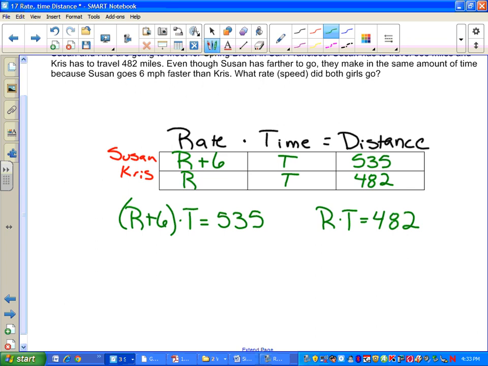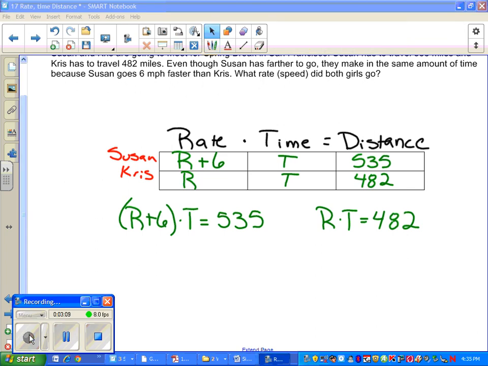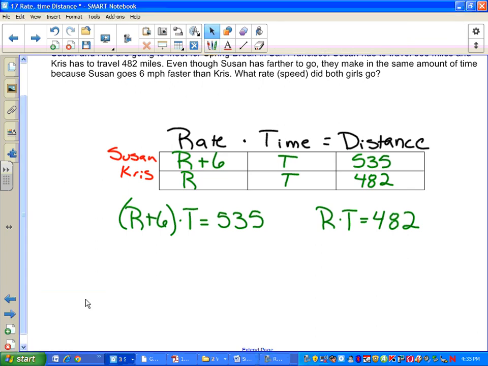Now, there's several ways to do this. In fact, you might think I could distribute the T, and you could, and there's several things to do. The approach we're going to do is we're going to solve both of them for T. Do you agree?